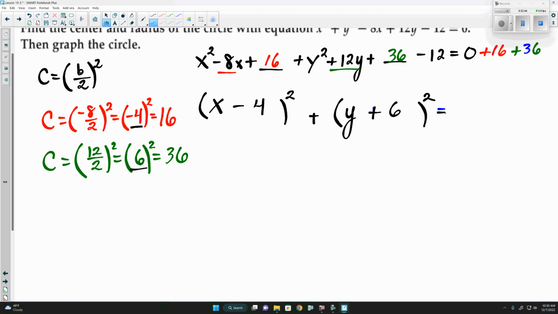Any questions on this so far? Yes, there's one last thing. It's that minus 12. Any questions on this so far? We'll need to move it over: 16, 36, and 12.